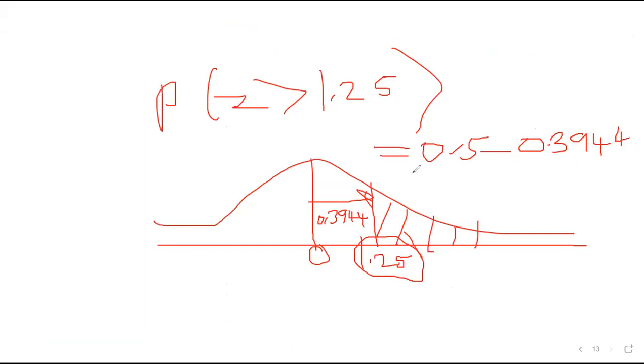So the answer here is 0.1056. Okay. So these tables here, they are cumulative. So you need to subtract. For the normal tables, you need to subtract the 0.5 from each of these values here.